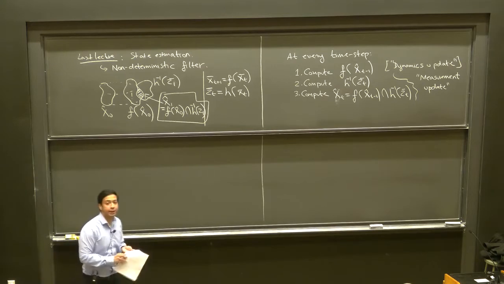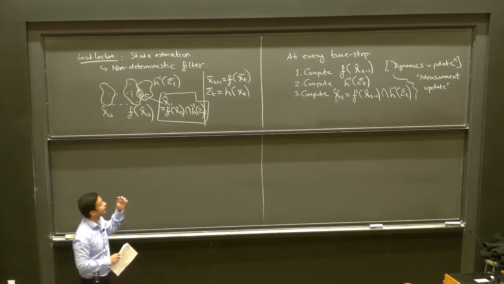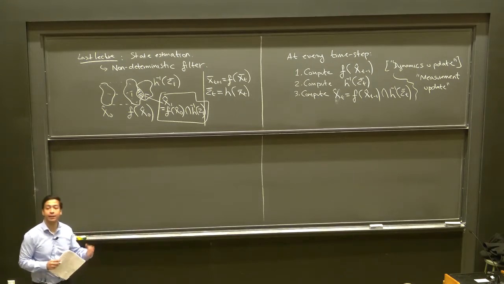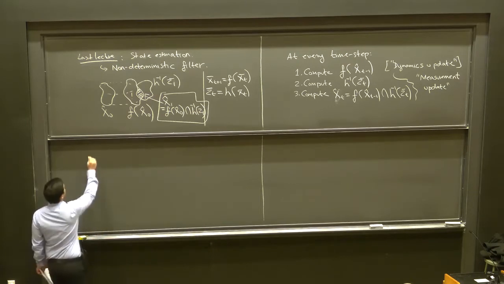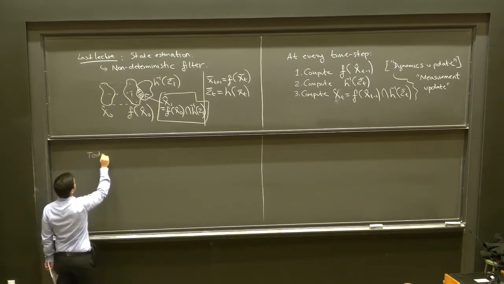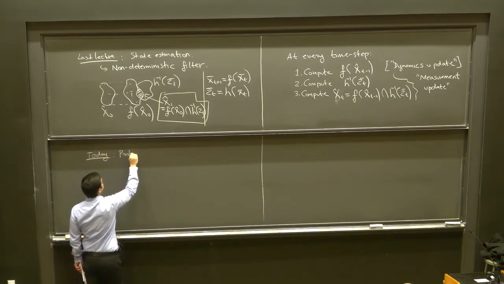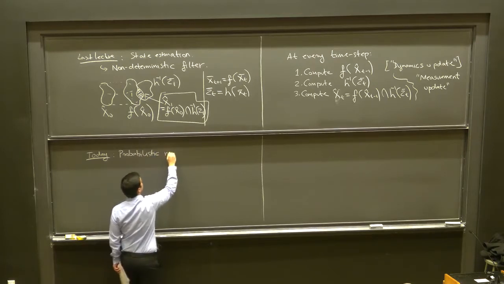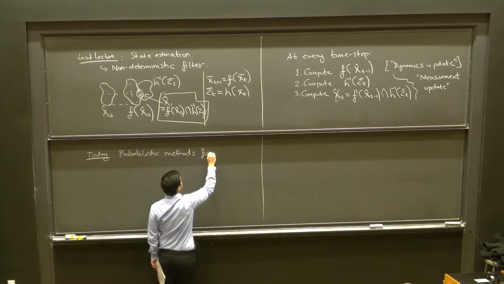So that's what we're going to try to fix. The second problem is not just maintaining a set of possibilities, but maintaining a more refined estimate of the state. So the topic for today is going to be to discuss probabilistic methods for state estimation.